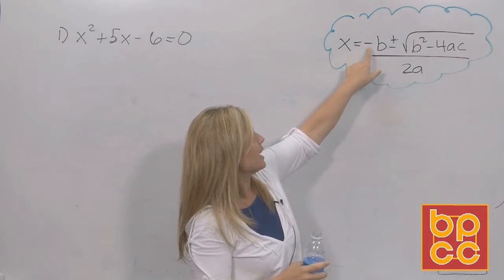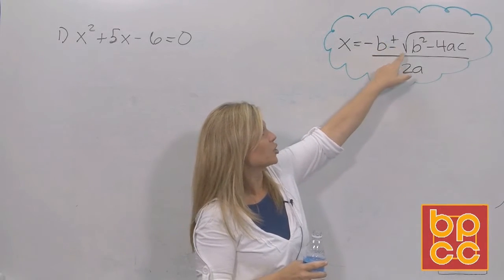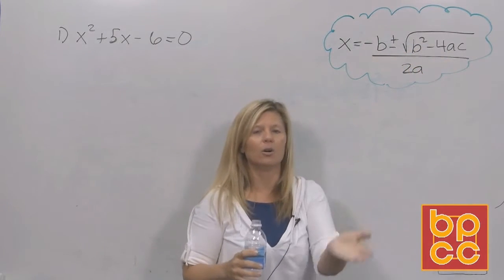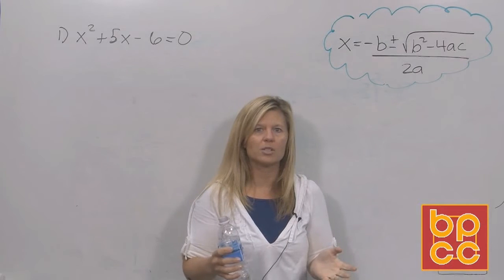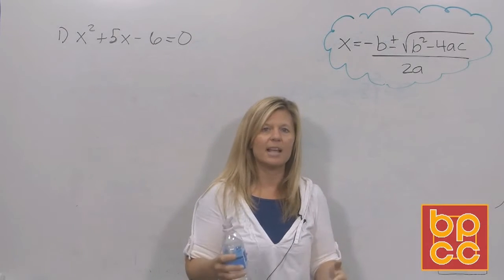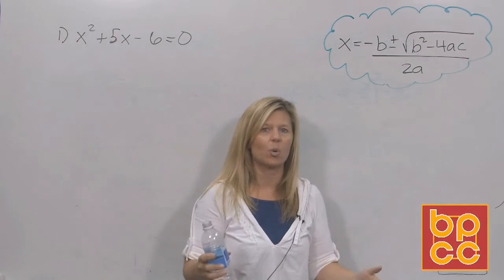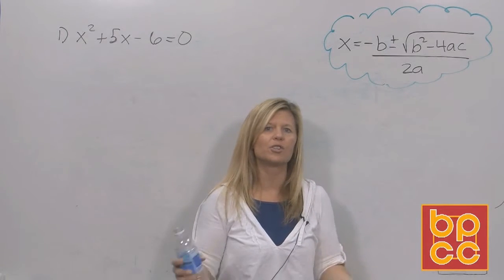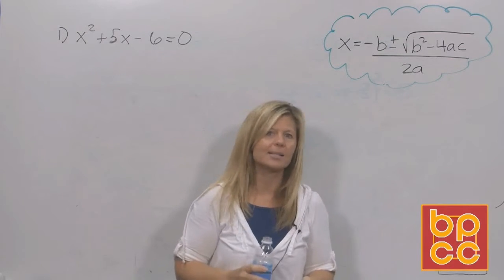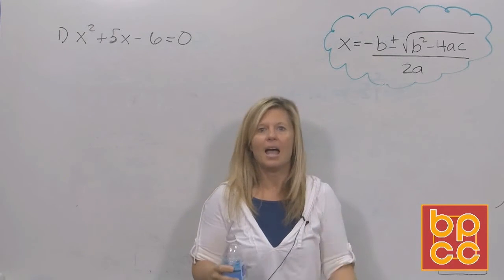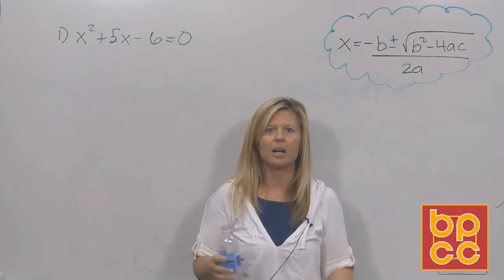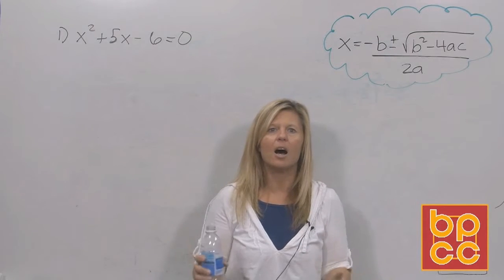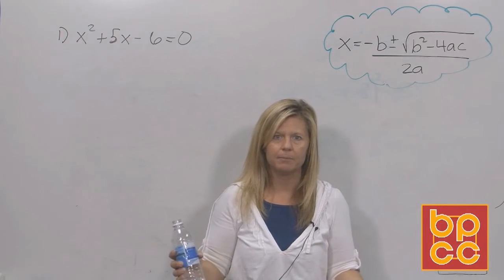X equals negative b plus or minus square root b squared minus 4ac all over 2a. Close your eyes and sing with me. X equals negative b plus or minus square root b squared minus 4ac all over 2a.